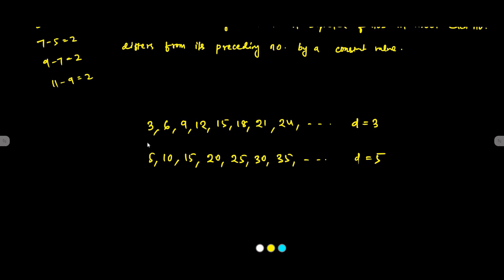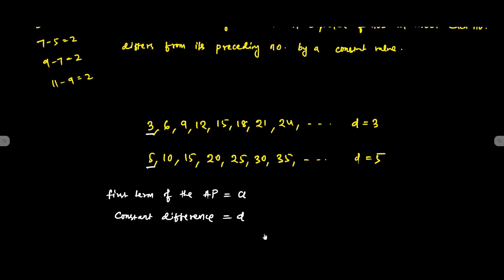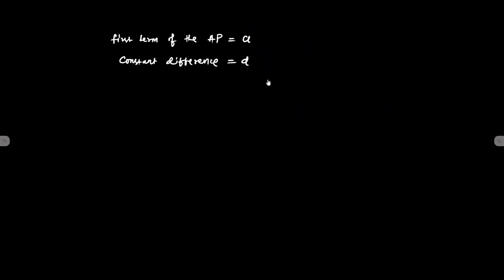For an AP sequence, the first term of the sequence is generally called A, and the constant difference is D.